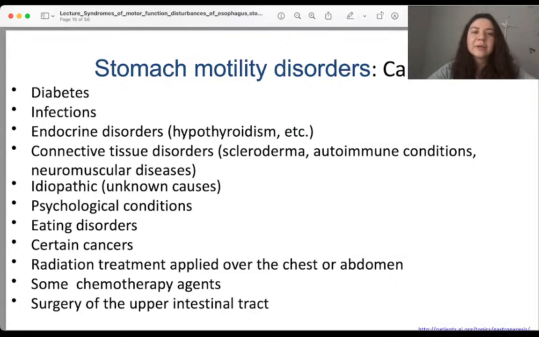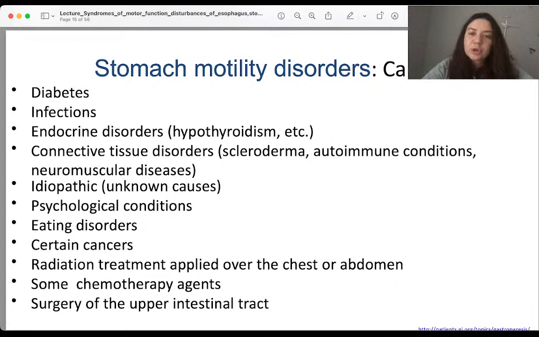Causes of stomach motility disorders. These can include diabetes, infections, endocrine disorders, most often hypothyroidism, connective tissue disorders like scleroderma, autoimmune conditions, or neuromuscular diseases. They can be idiopathic when we can't find any significant cause, and in such a case we name the disease idiopathic.